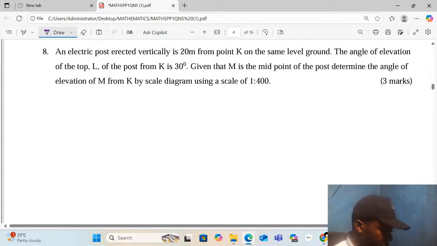The angle of elevation of the top L of the post from K is 30 degrees. Given that M is the midpoint of the post, determine the angle of elevation of M from K by scale drawing using a scale of 1 to 400.